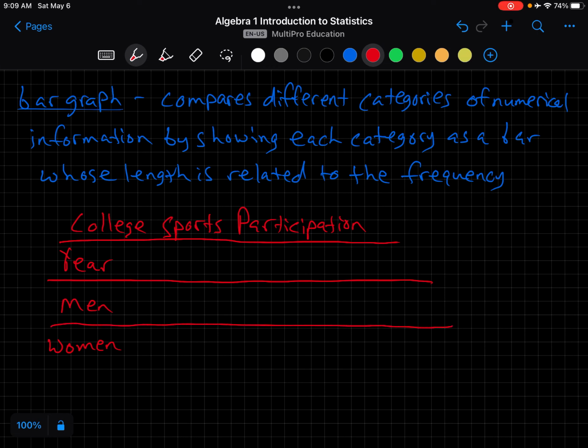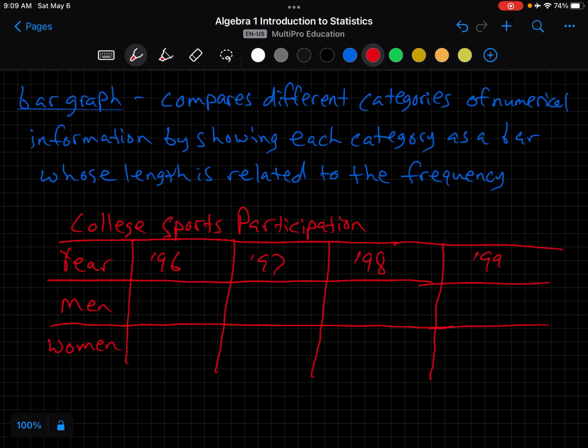If you know anything about this, this has been highly in the news lately. So we're going to look at 1996, 1997, 1998, and 1999. And we'll see how many people were participating in the sports.